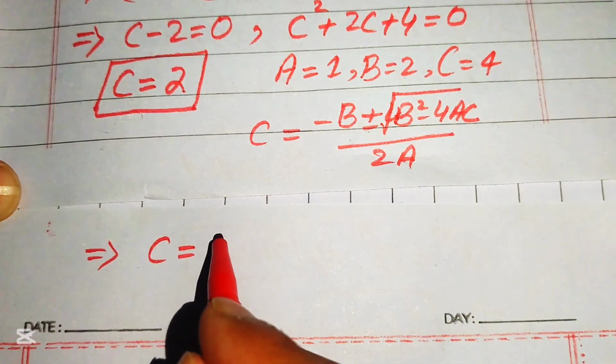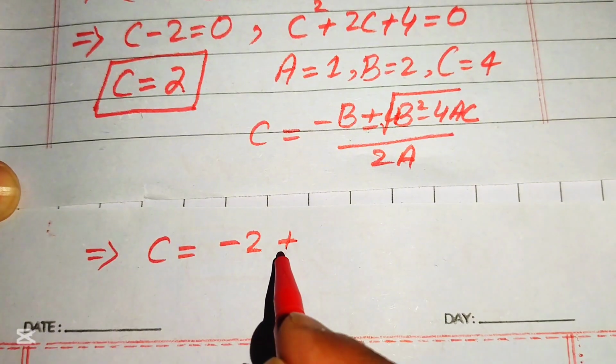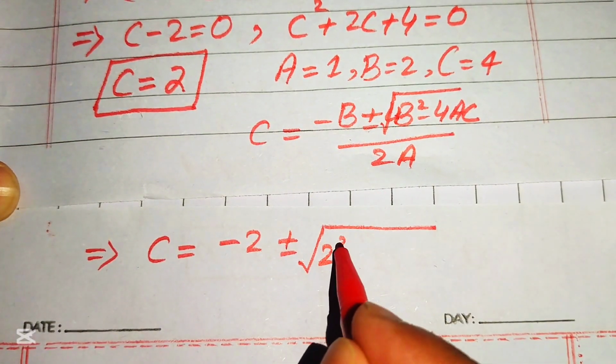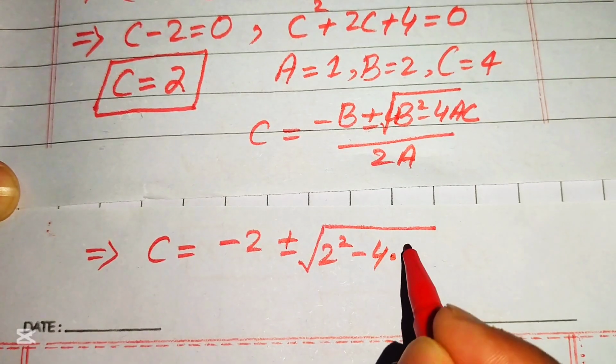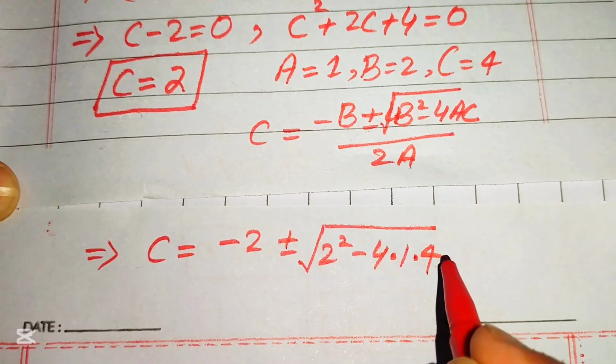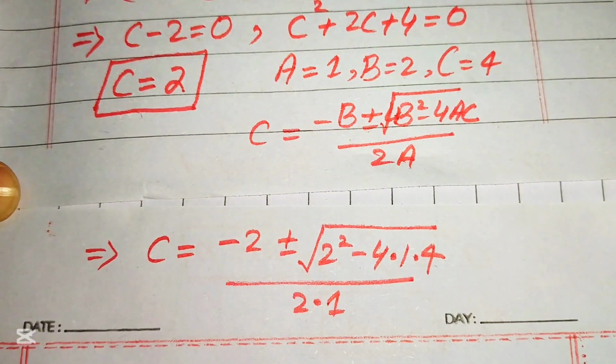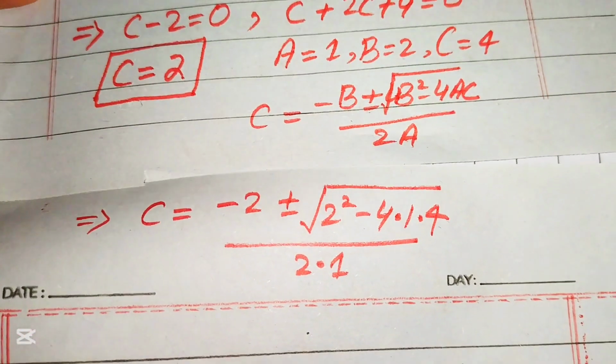The value of B is 2, so this is −2 ± √(2² − 4 times A, which is 1, times C, which is 4), divided by 2 times A. Here our A is also equal to 1.